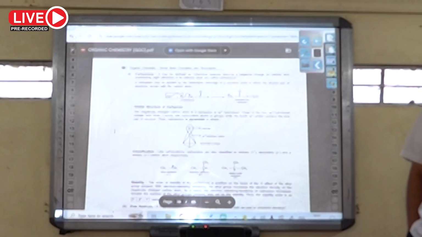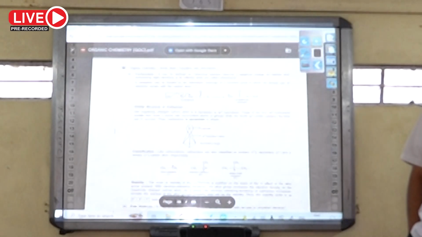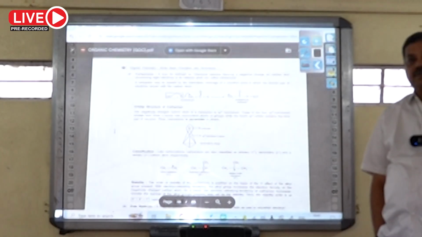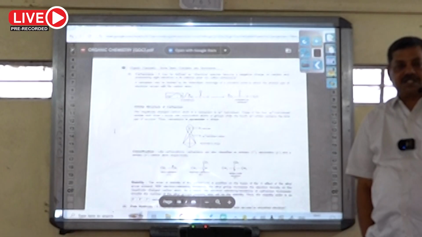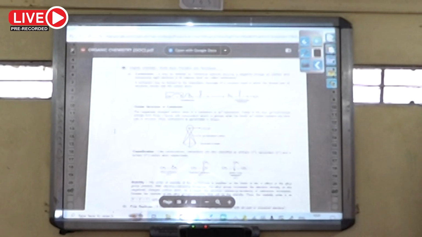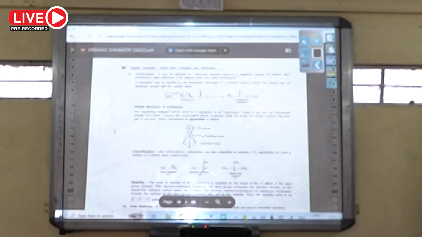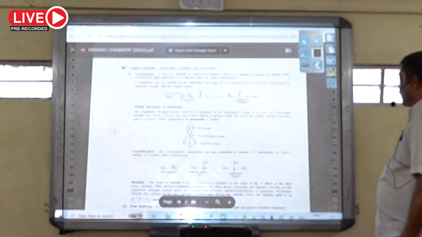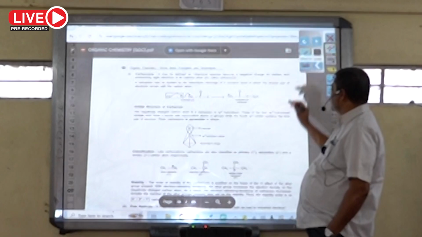Now, heading is carbanion. Carbon bearing the negative charge is called carbanion, in which the carbon is sp3 hybridized and is pyramidal in structure, pyramidal shape.